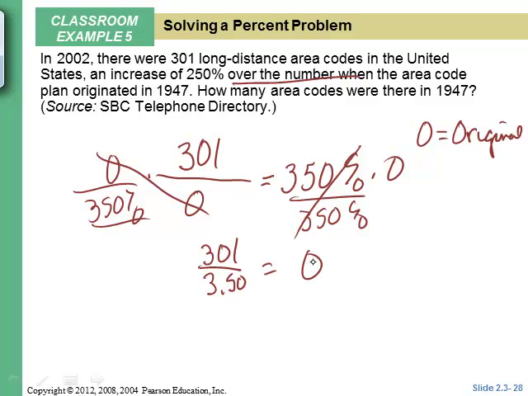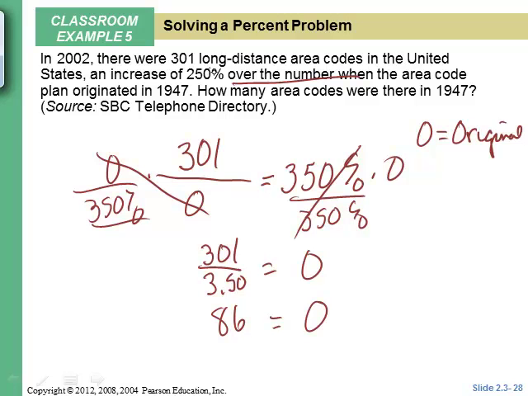That's the original. So we're ready to press buttons on our calculator. 301 divided by 3.5 gives us 86. There were originally 86 area codes in 1947.